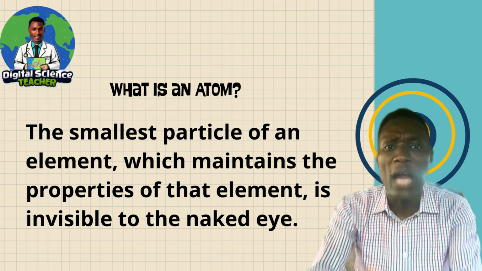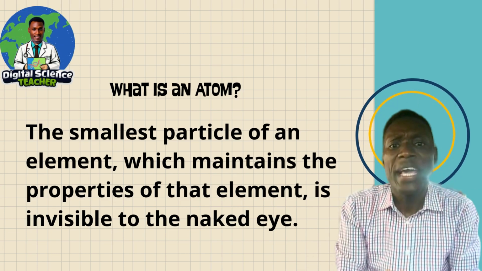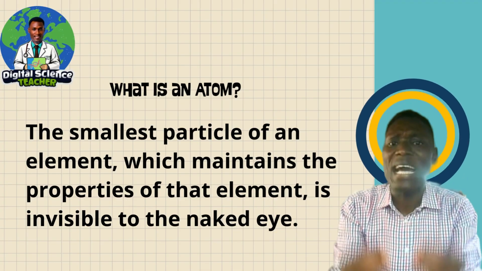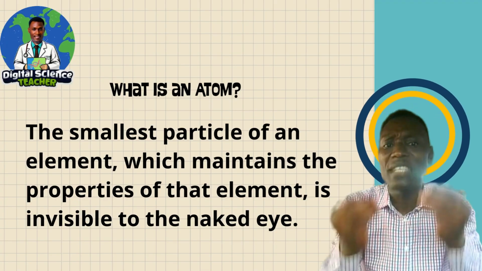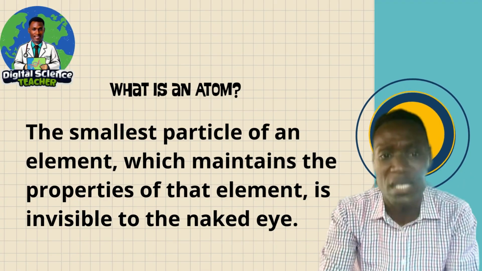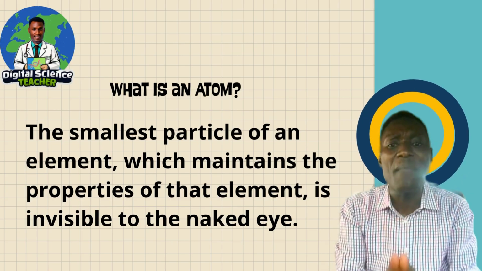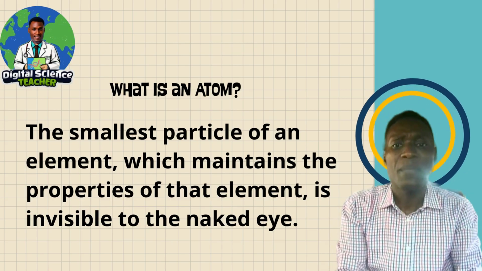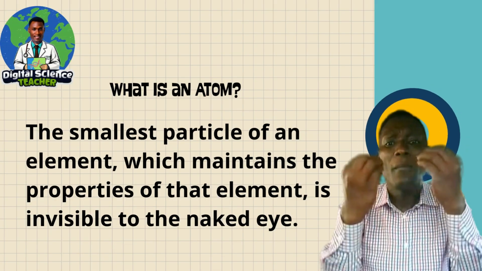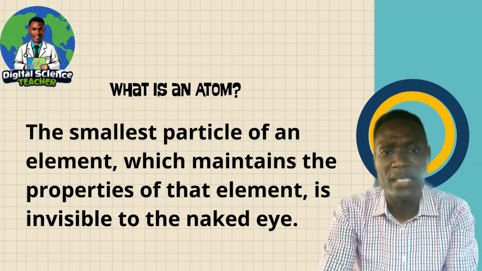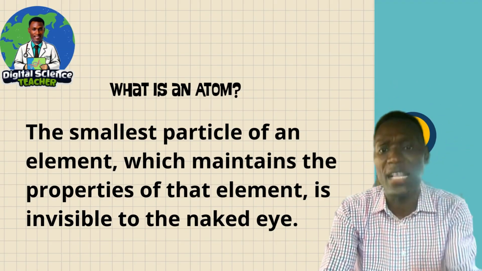So, what do we call atoms? Now, an atom is the smallest form of an element that can exist and still retain the chemical properties of that element. So when you break an element into pieces, the parts that could still retain the properties of that element is called an atom.